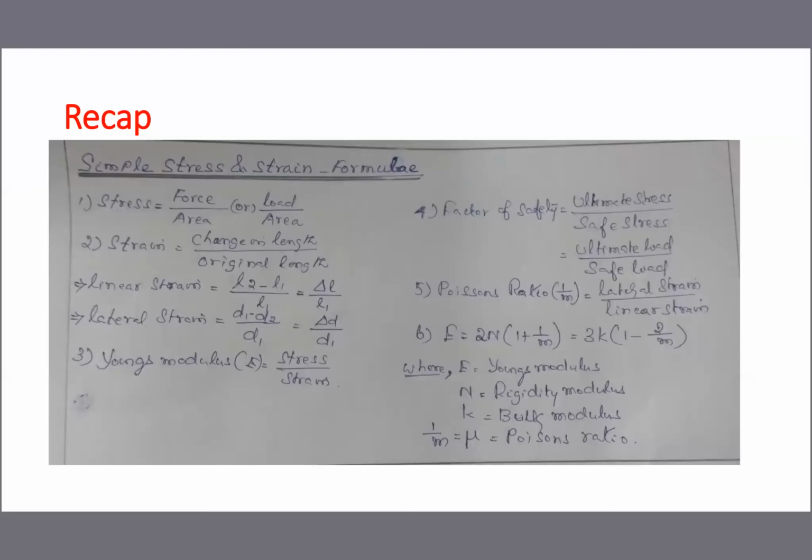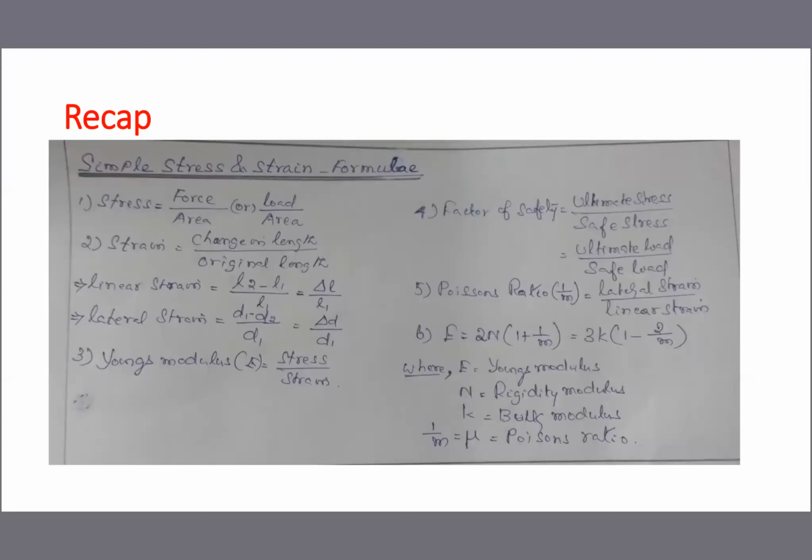Then the fourth one, factor of safety. As I told in the last class, it is data given by the supplier or material dealer. Otherwise, we can send the material to a testing lab and get a certificate.